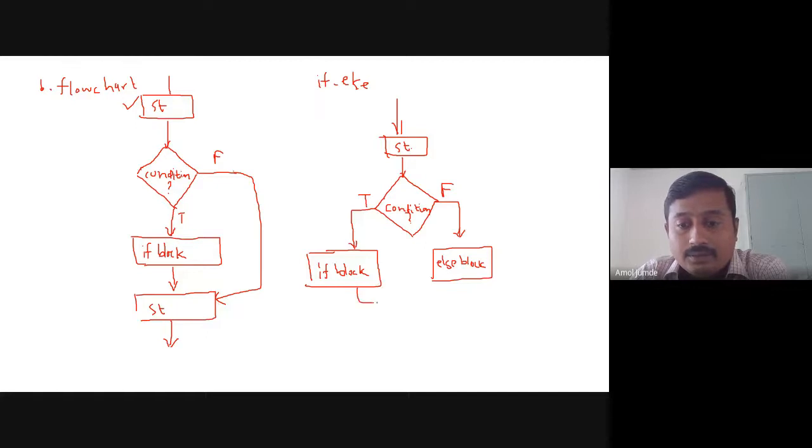After the execution of this, either one of the two blocks will be executed, and then we'll resume the execution. This is the statement after this if else, and the flow of the program will continue.